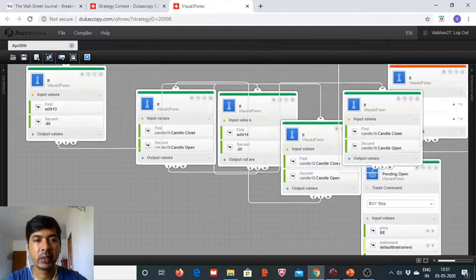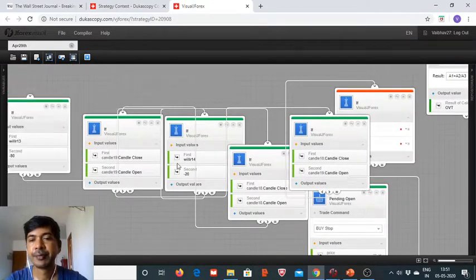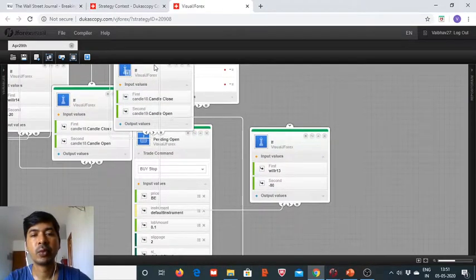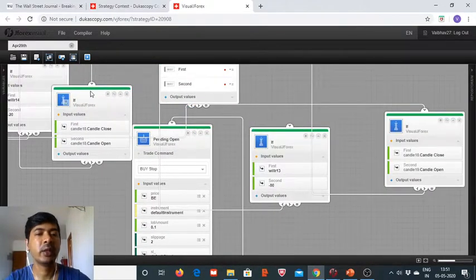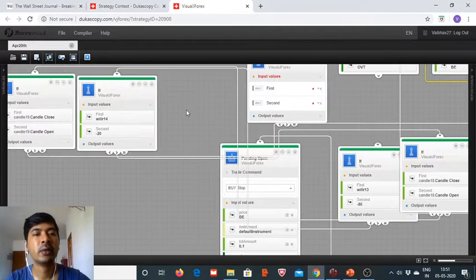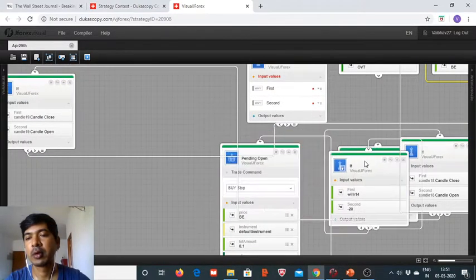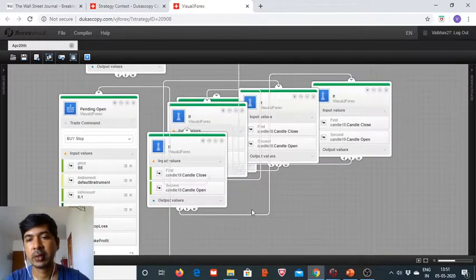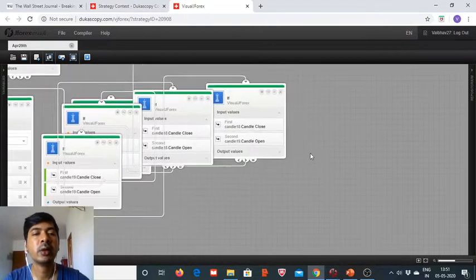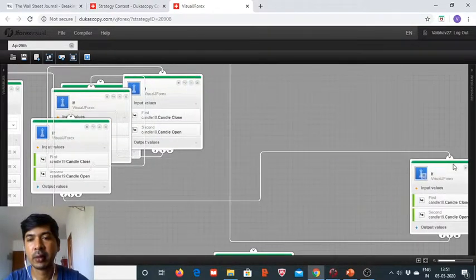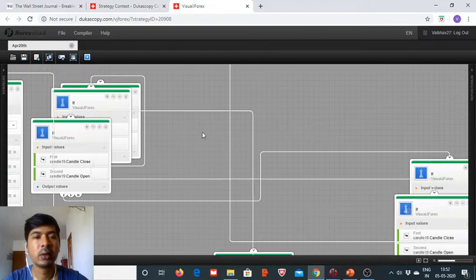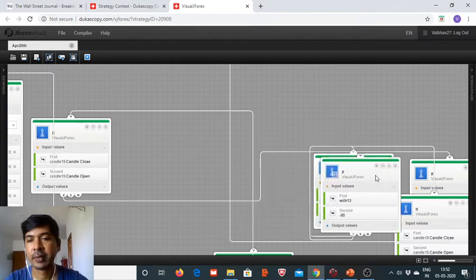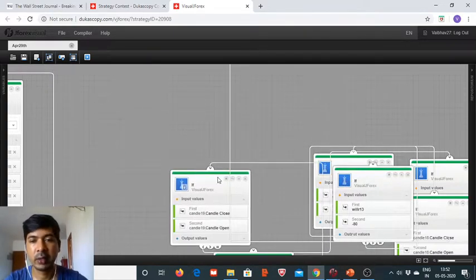Now let us arrange this. We are yet to define the stop loss and the target levels. We will do it just after we are done with designing the last few steps here.